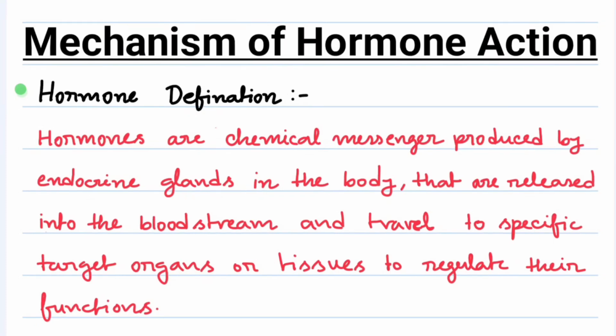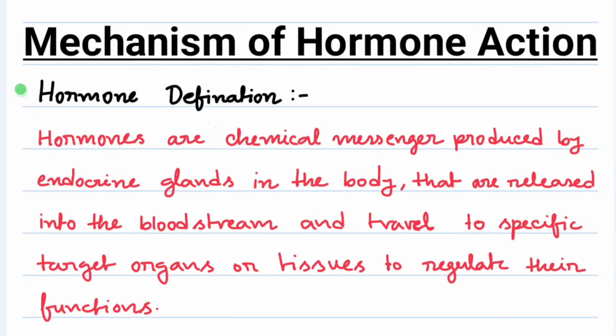So basically, hormones are chemicals that are produced and secreted from the endocrine glands, and these are released directly into the bloodstream. Through the blood, these hormones reach the target organs and tissues where they do their functions.